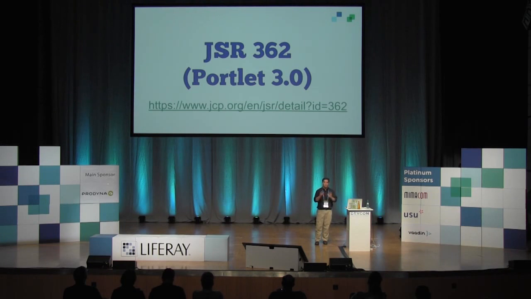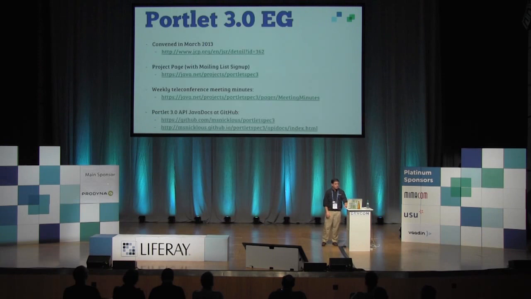JSR stands for Java Specification Request. And a JSR doesn't necessarily become a standard. It has to be approved. The executive committee has to vote on these different JSRs before they actually become incorporated into the overall stack. The expert group was convened in March of 2013, so we've been working on this for a while.